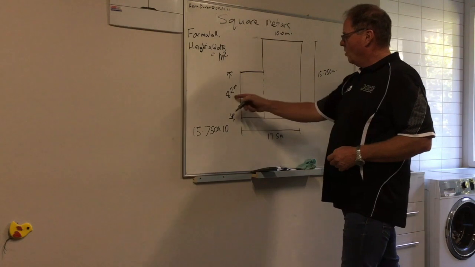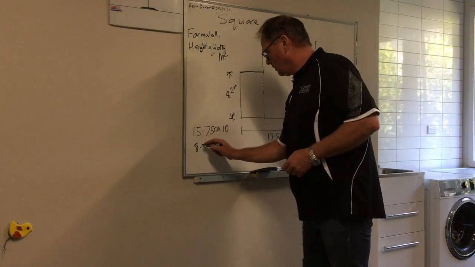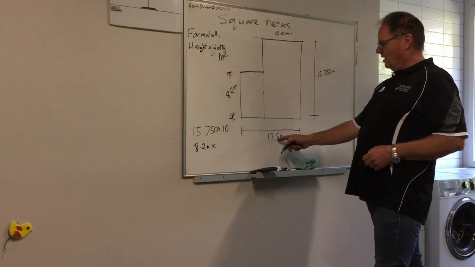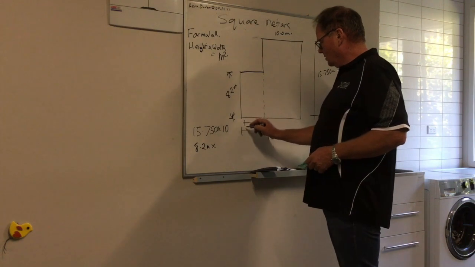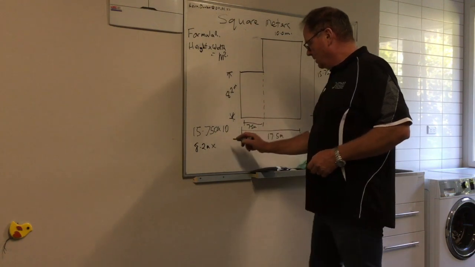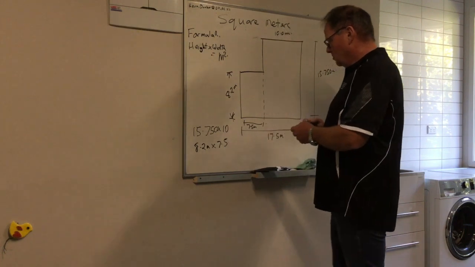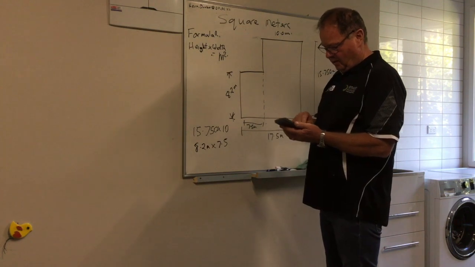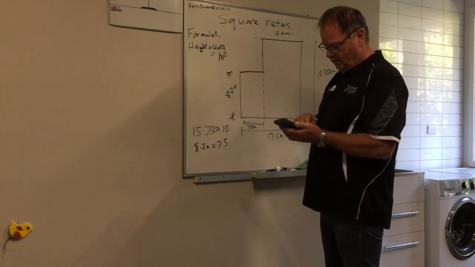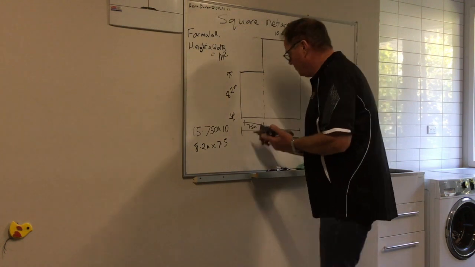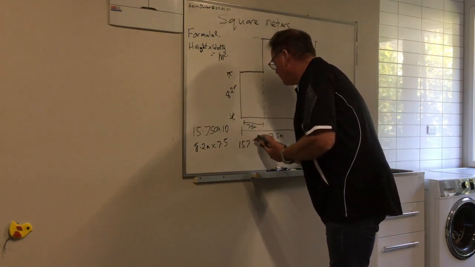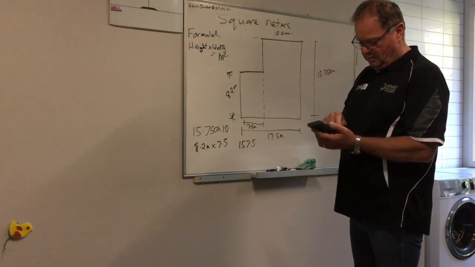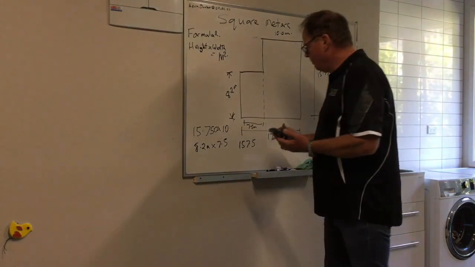Our second box has a height of 8.2 times the width of 17.5 less 10, which gives us 7.5 metres. So 15.750 times 10 equals 157.5, and 8.2 times 7.5 equals 61.5.